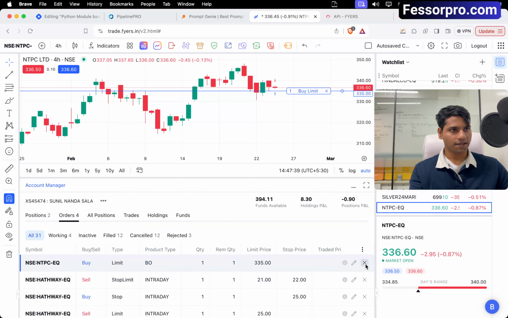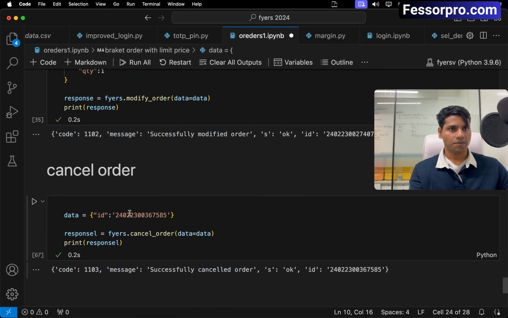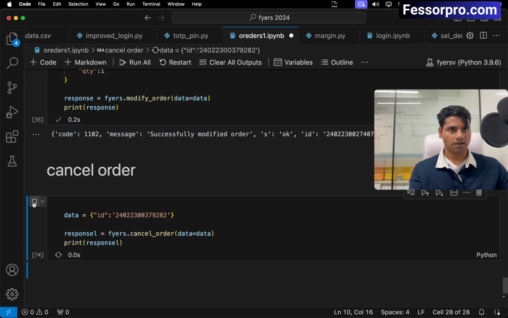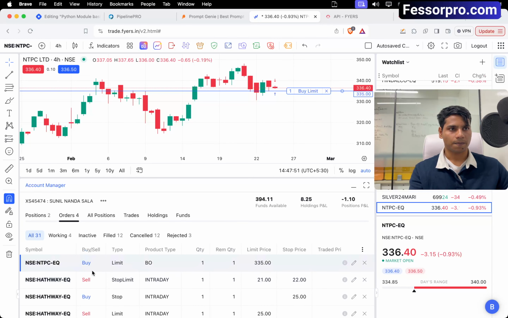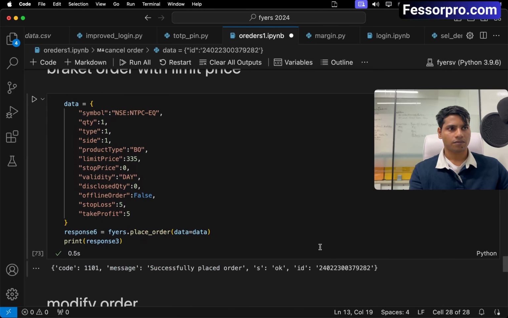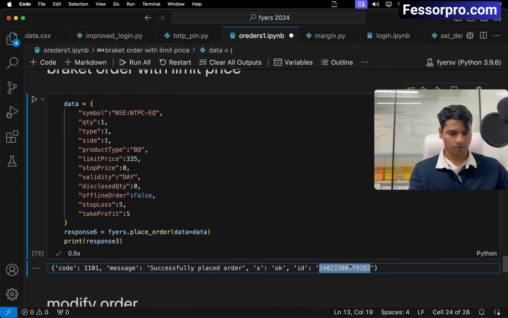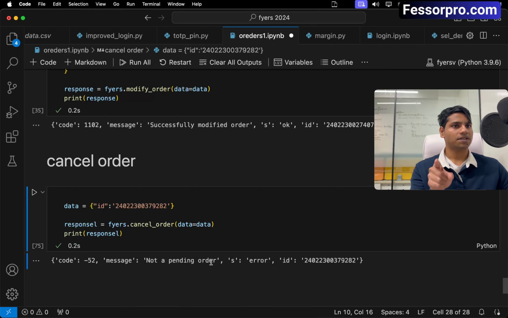Now, if you want to cancel this, you can just click on cancel, or I can just copy this ID and I will paste it here and I'll run the code. This will cancel the order. You can see not a pending order. Run it. You see, it is saying message not a pending order.